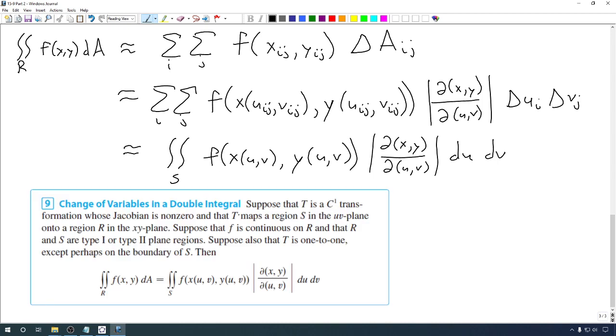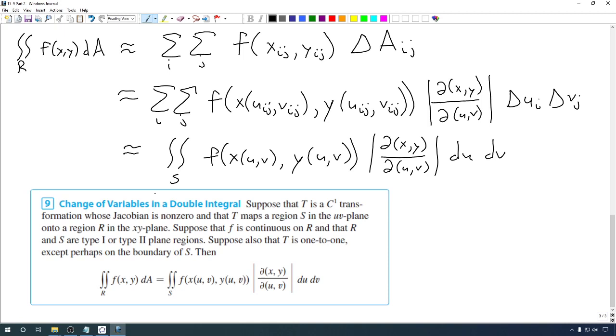So this kind of starts off with a big block of text, saying stuff like that T has to be a C1 transformation, its Jacobian has to be non-zero, because we don't want our areas to suddenly change from positive areas to zeros. Our T maps some region S in the UV plane to some region R in the XY plane. Our function we want it to be continuous, and we want our regions to be at least somewhat well behaved.